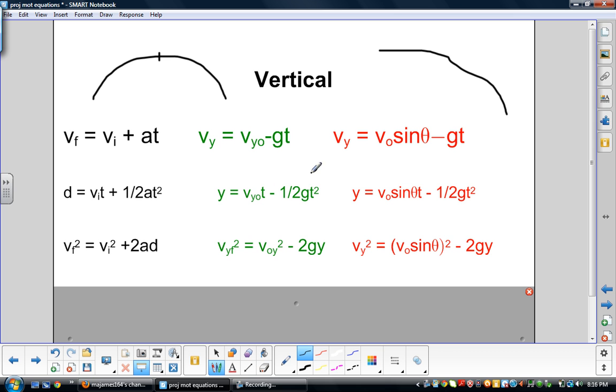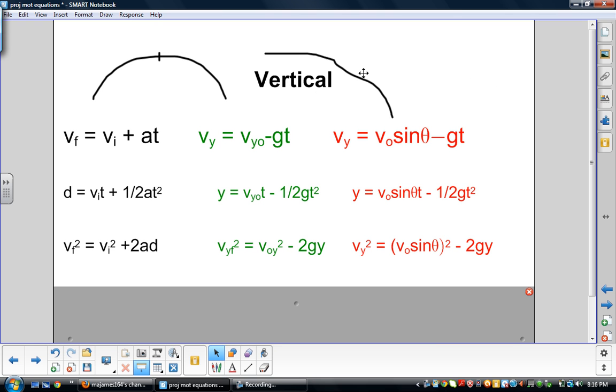Alright, let's think about what some of these things mean here. Time. If you're solving one of these problems for time and the problem is over, that means we've solved from here until here. Well, this is kind of like half of one of these problems. I realize that's messy, but I'm sure you can see it's just the downward part of this arc.